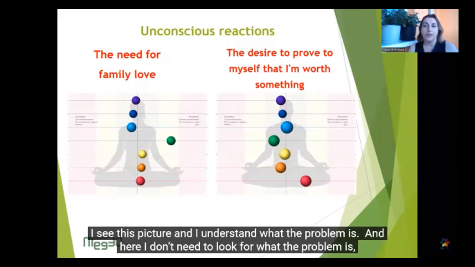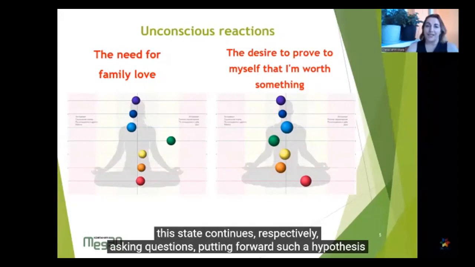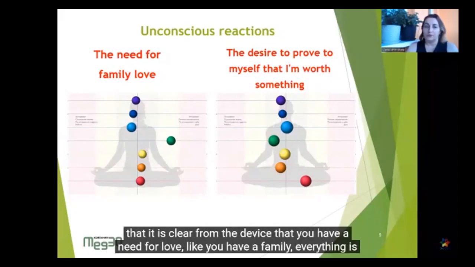And talking now about such a situation, I as a psychologist see this picture and understand what the problem is. And here I don't need to look for where the problem is or ask her to catch this state. I see it. We have already caught it just by measuring with the biolog. This state continues, and respectively, asking questions and putting forward such a hypothesis that it is clear from the measurement that you have a need for love.